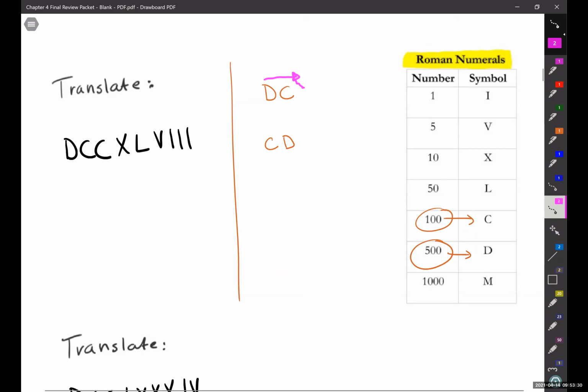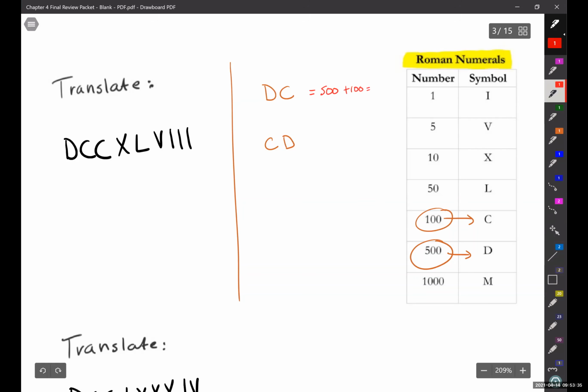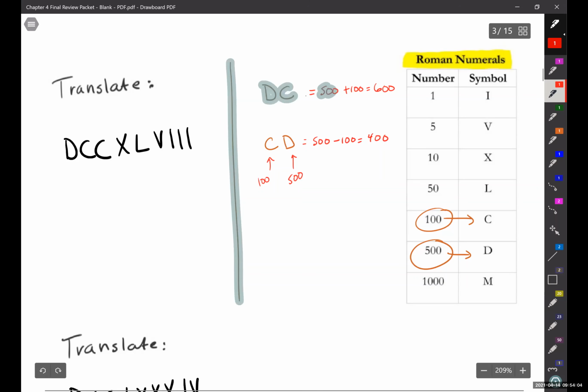So that'd be 500 plus 100 is 600. However, in the other case, now we've got the 100 written before the 500, that's out of order. So for the Roman numerals, if you ever have this out of order, it's implied that you take the smaller away from the larger, and that would represent 400. So with that in mind, why don't we attempt this next one?